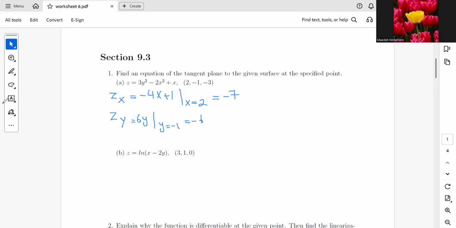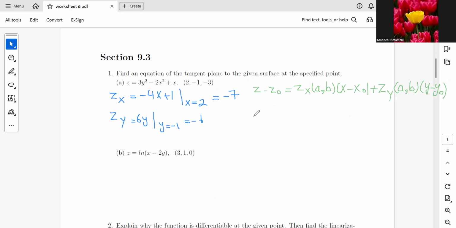Following the formula for writing the tangent plane, which is z minus z sub 0 equals z sub x, the partial derivative with respect to x at the point (a, b), times x minus x sub 0, plus the partial derivative with respect to y at the point (a, b), times y minus y sub 0.